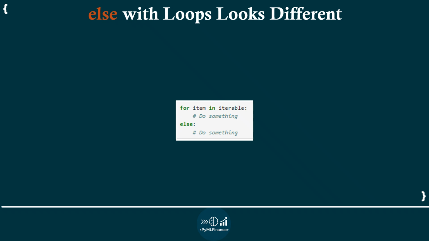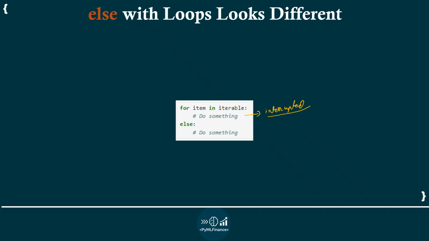So when we attach else to a loop, the meaning completely changes here. Okay, so let's understand this. In a for loop, the else block does not run when the loop condition becomes false. So when I say the loop condition becomes false, I mean that for some reason the loop is interrupted.